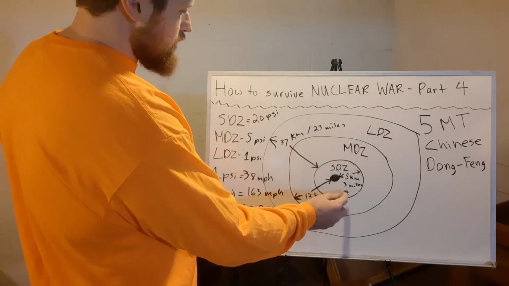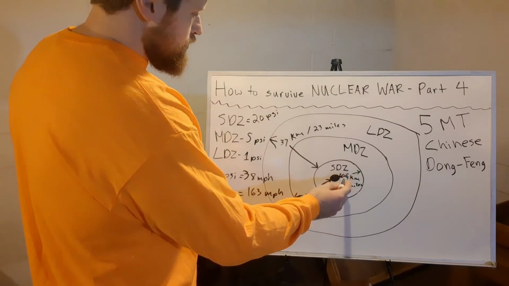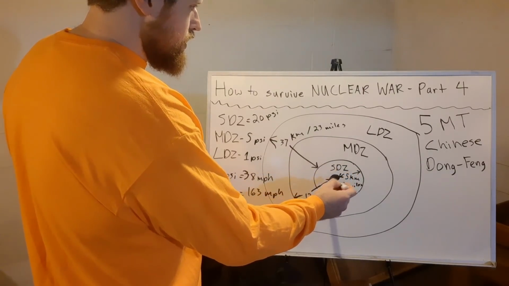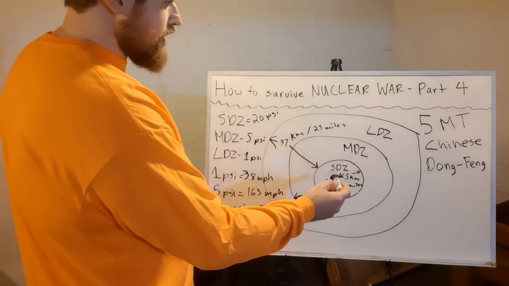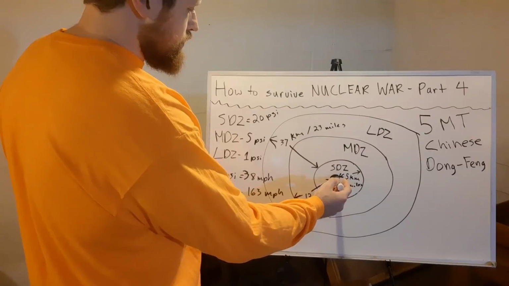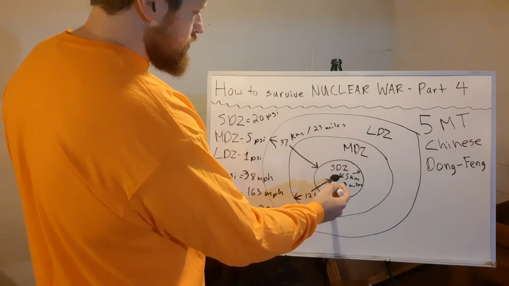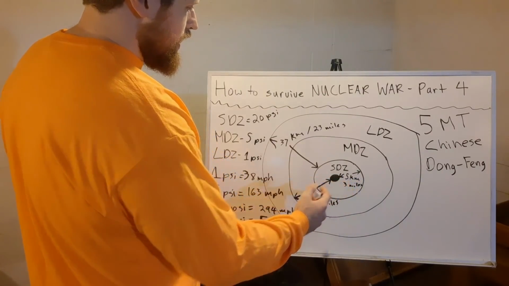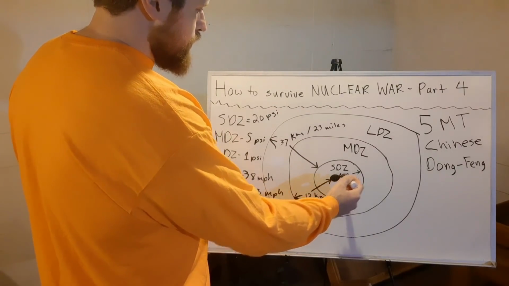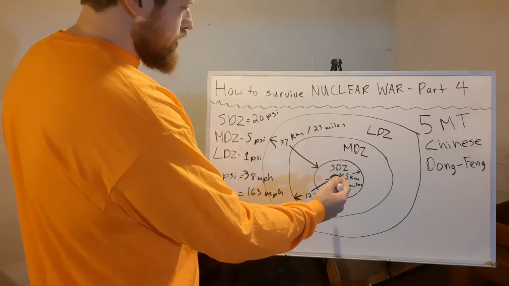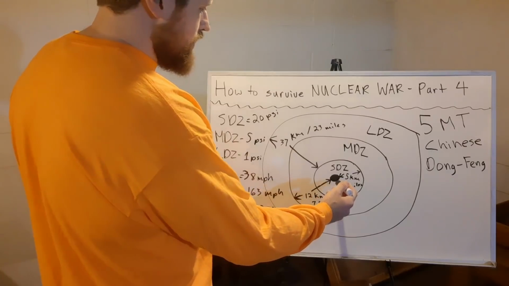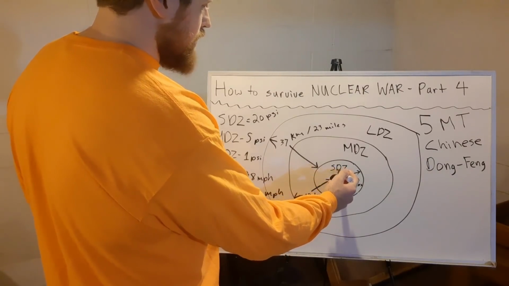Right outside of the flash point, you have your severe damage zone, which with the 5 megaton Chinese Dongfeng is about 3 miles from the detonation point. So it's a 3-mile radius, with a diameter of 6 miles. You have to be 3 miles away minimum to escape the severe damage zone.